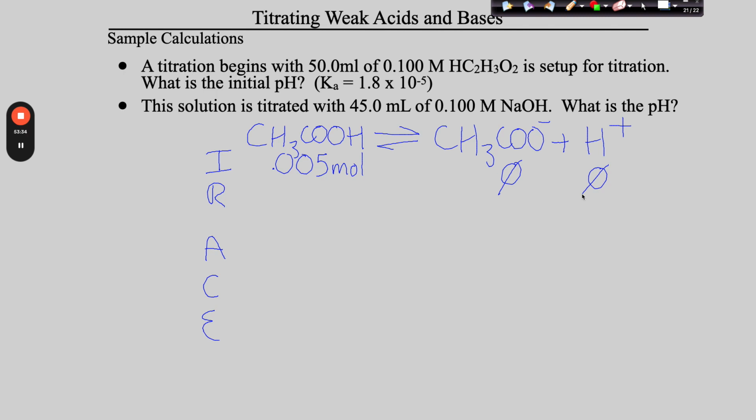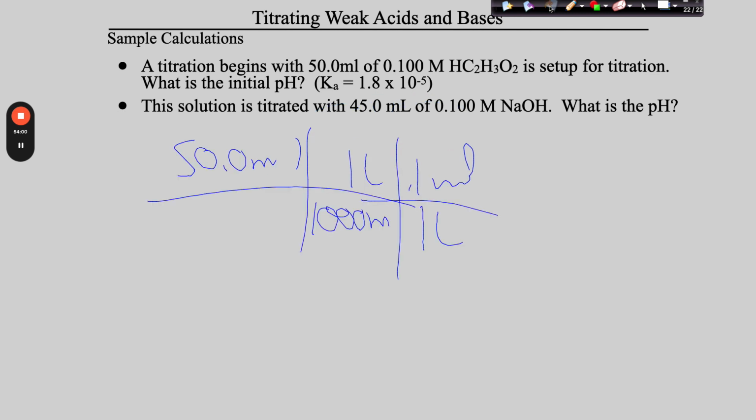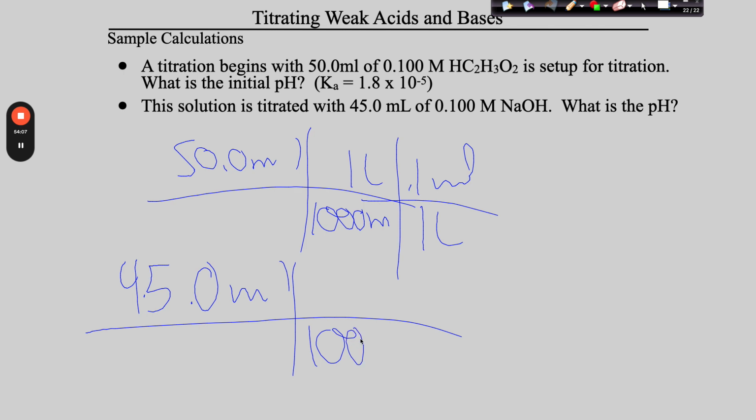Then, guys, we need to figure out how much of the raiding horde stuff goes on. So we are adding a base. Remember how we think about this. We put OH up above the equilibrium arrow. But OH is going to drive the equilibrium in this direction. So how much of that is going to take place? The answer is 45 milliliters, 1,000 milliliters, 1 liter, 0.1 moles.